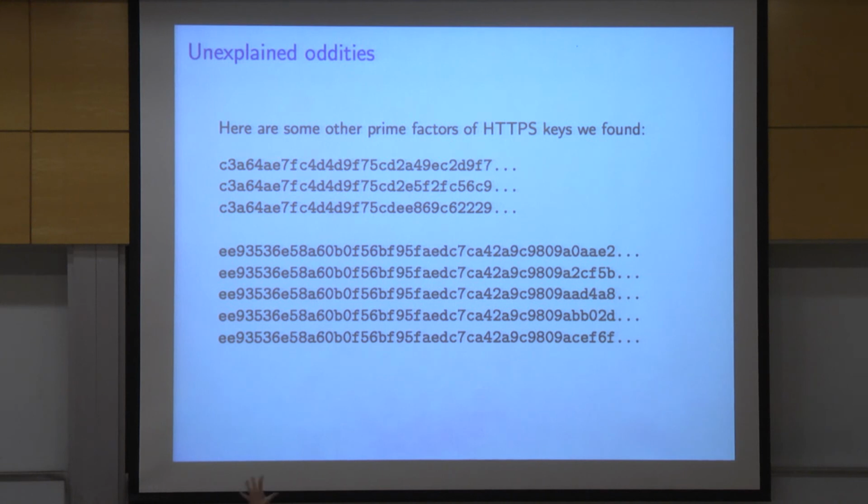Basically, these collections of prime factors share way too many bits in common in the most significant fraction of the bits of the prime factors. I don't know what kind of implementation pattern might be generating this. Maybe they have some entropy source that they're reading very slowly and it diverges. Maybe they're picking some memory address and that's their entire entropy source, and so it changes slightly. Maybe they're incrementing to the next prime somehow. I don't know what is responsible for this.